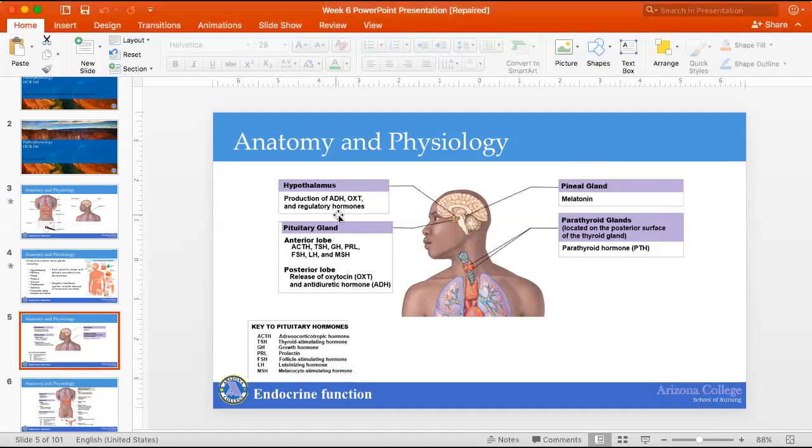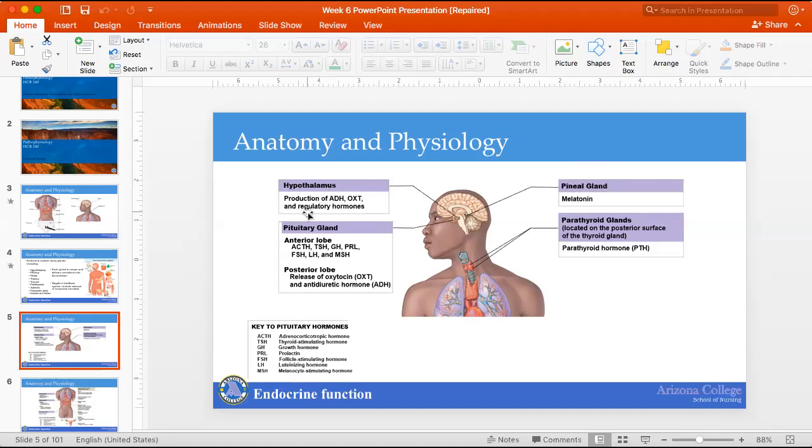Now, most of the hormones that it releases, so those are the two that it actually produces and that its effects go directly to the body. What it usually does, though, is release regulatory hormones or releasing hormones that tell the pituitary gland to then release their hormones. So you can see here, and we're not going to go over each one of them right now, but you can see the list. So the hypothalamus gets some sort of feedback.